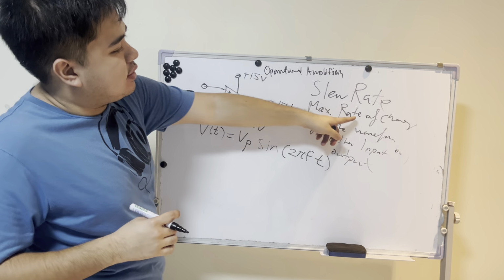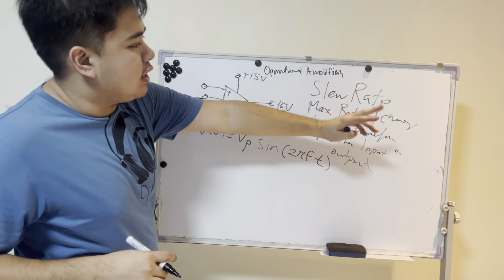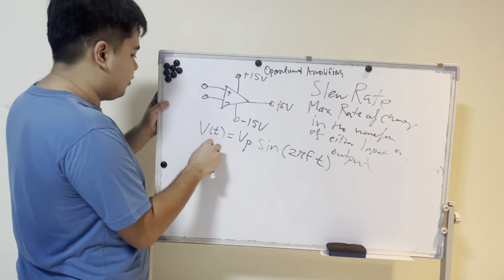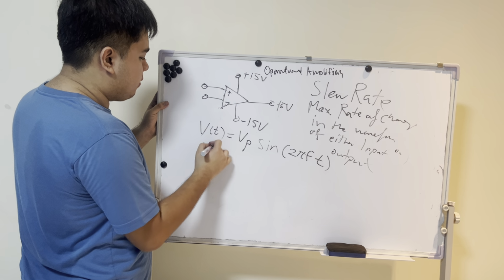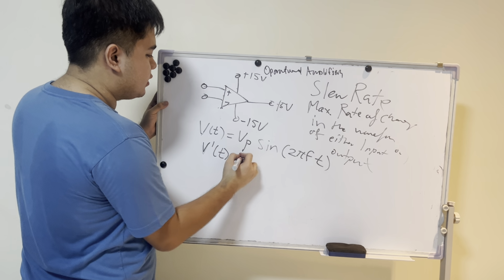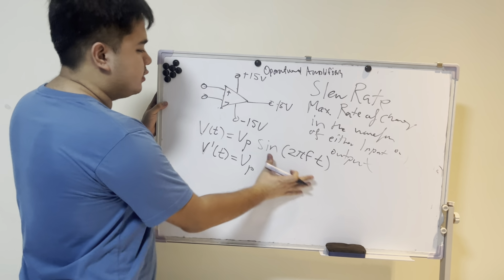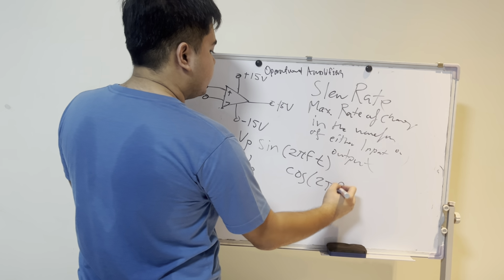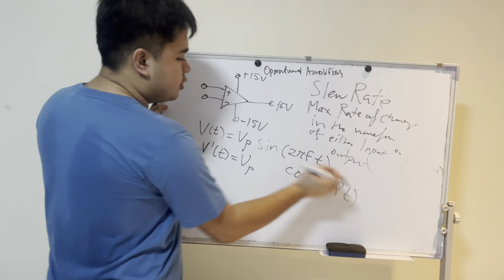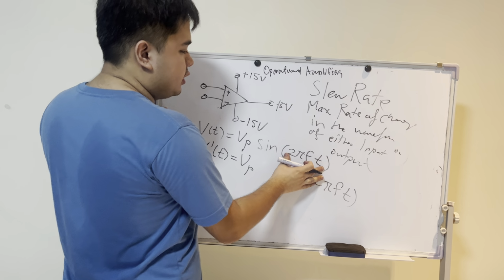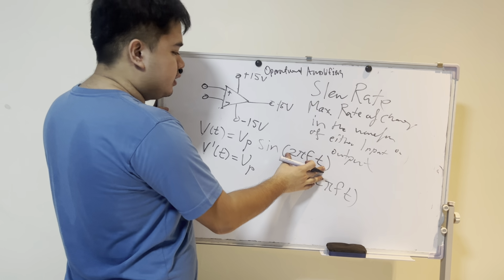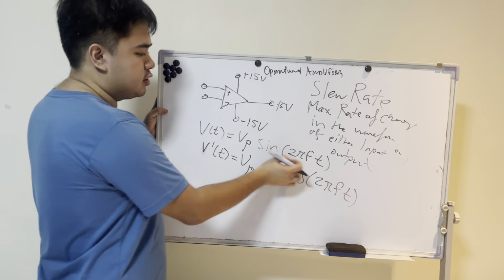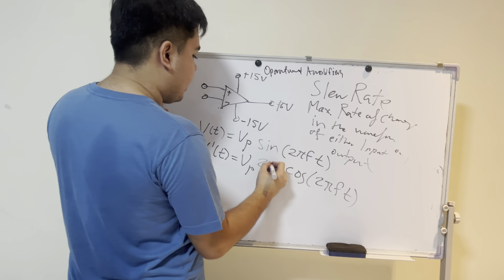We need the max rate of change, so we need the derivative. So V prime of t is Vp times cosine of 2 pi f t. Due to the chain rule, we need the derivative of 2 pi f t with respect to t, which is just 2 pi f. So, times 2 pi f.